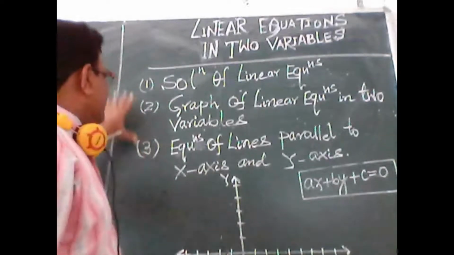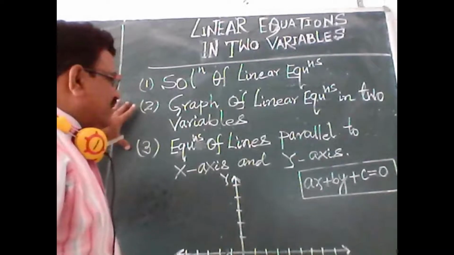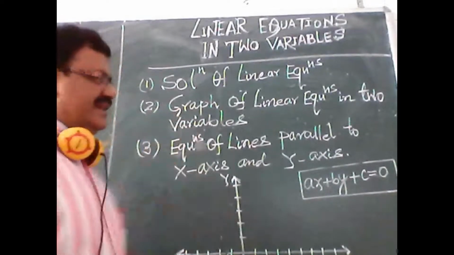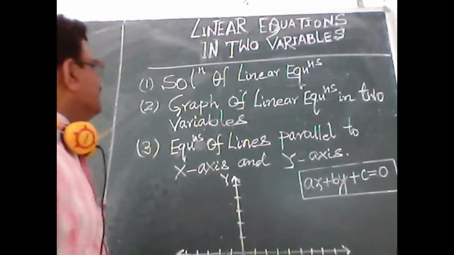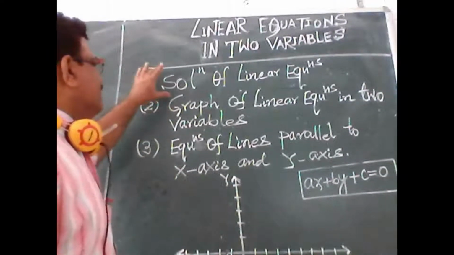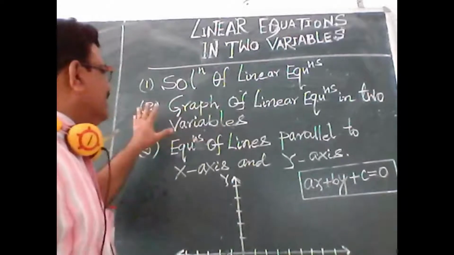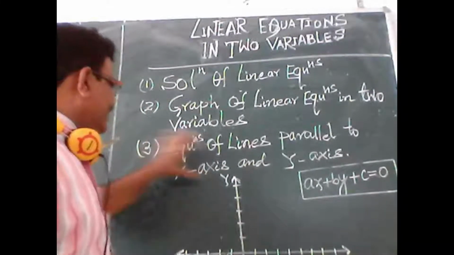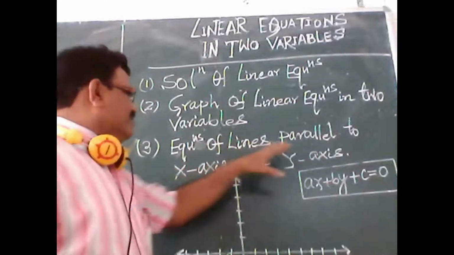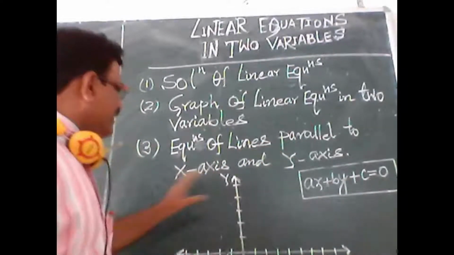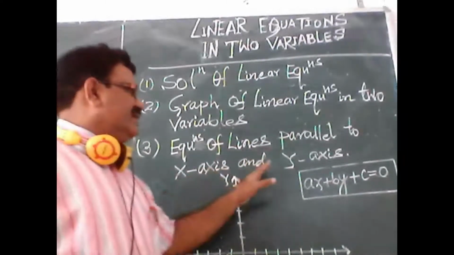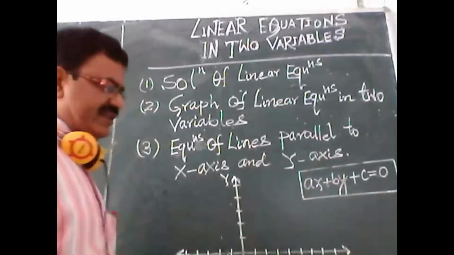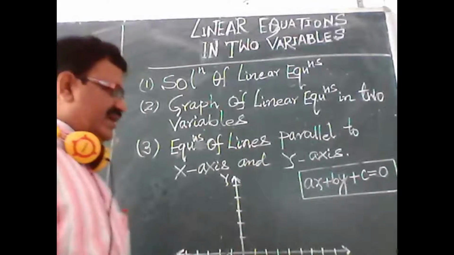These are the three specific teaching points. Our target is that a student can understand and solve linear equations, can draw the graphs, and finally analyse the linear equations, that is, lines which are parallel to the x-axis and another line which is parallel to the y-axis. These are the three facts which we will understand and learn.